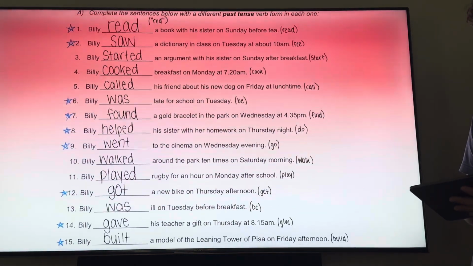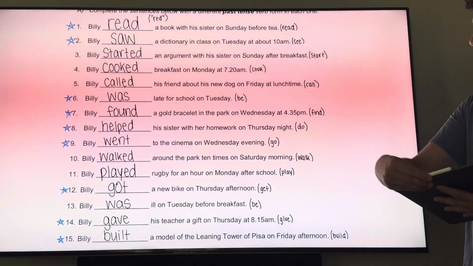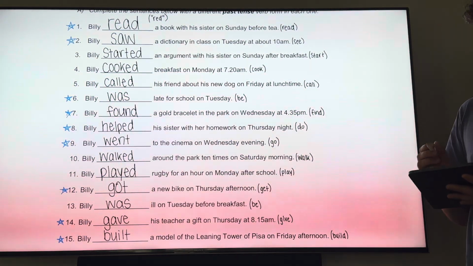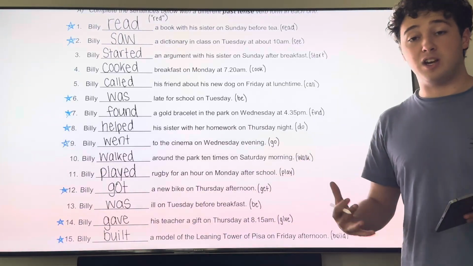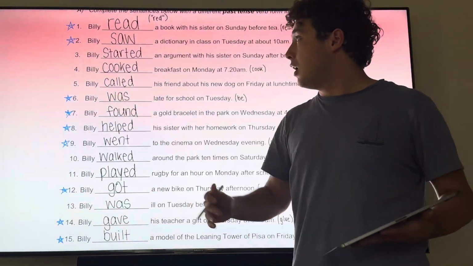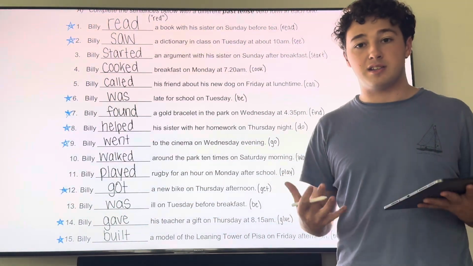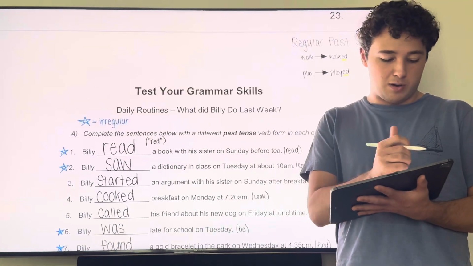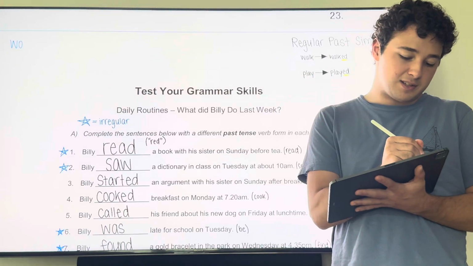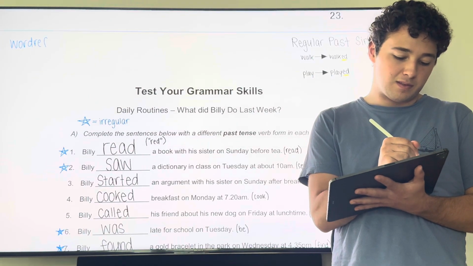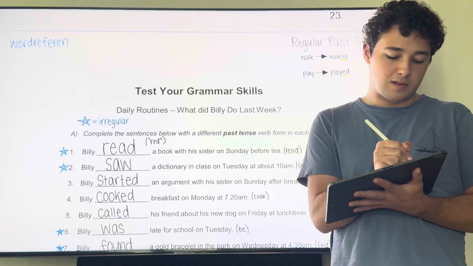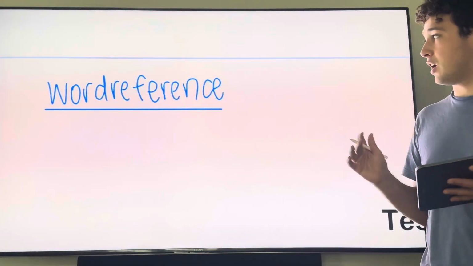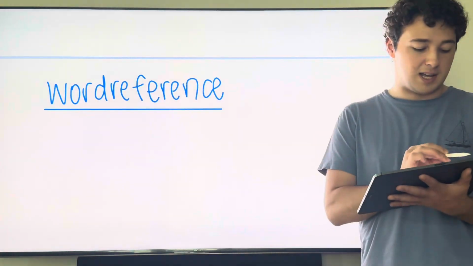So please take a look through all of these. I hope that you found most of them to not be too hard, and the ones that you didn't know, the irregulars with the stars here, please make use of online dictionaries. Personally, I recommend one called Word Reference, which is an online dictionary that'll help you with English grammar and tenses.